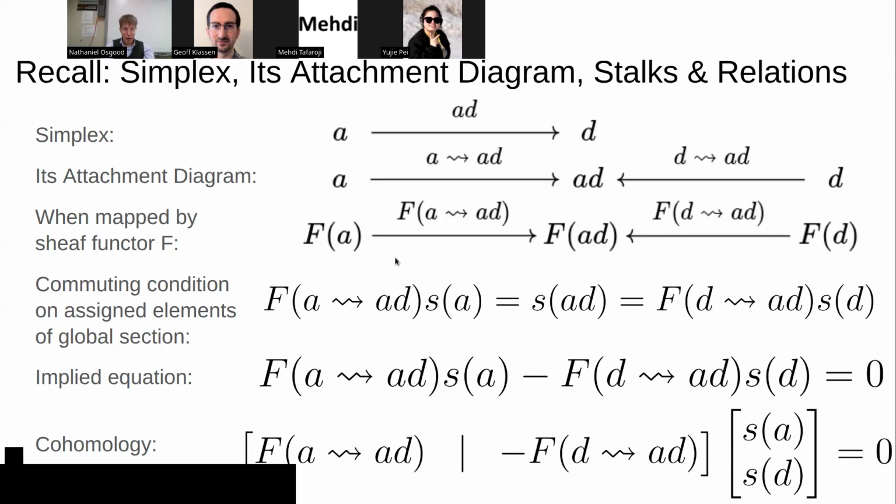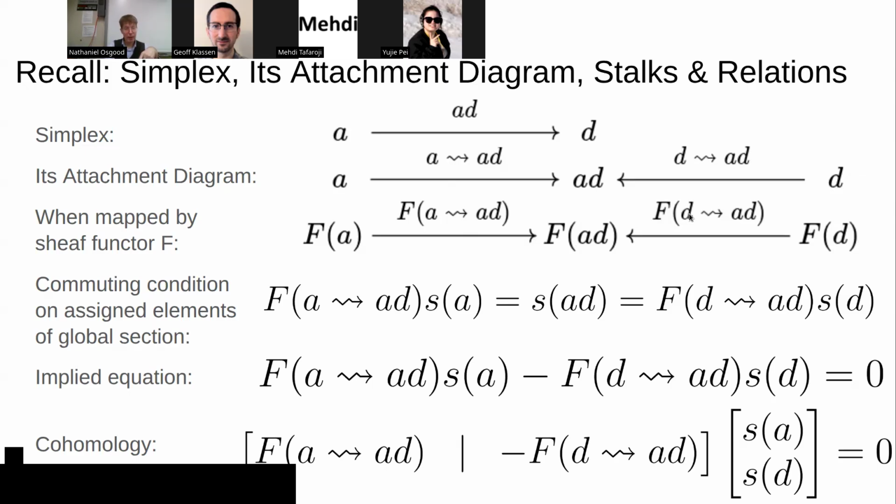So with a sheaf, we needed the picture coming from A down to AD to be the same as the picture coming from D to AD. Whatever data is assigned to A, if we map it up to AD, we have to get the same data as if we have data over D and map it up to AD.